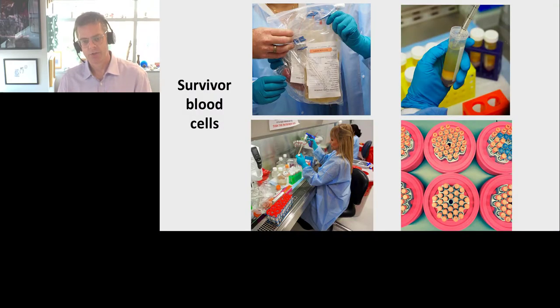Of course, the survivors we're typically studying are in the convalescent phase, are not actively infected. They've recovered, so there should be no virus in their blood samples. So we separate out by gradient the white blood cells. By leukapheresis, in the top left, you get a whole bag that might have billions of cells, but we isolate those and cryopreserve them, and then use those cells in antibody discovery that is as rapid and large scale as we can manage.